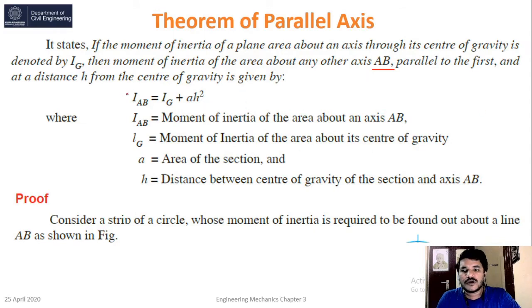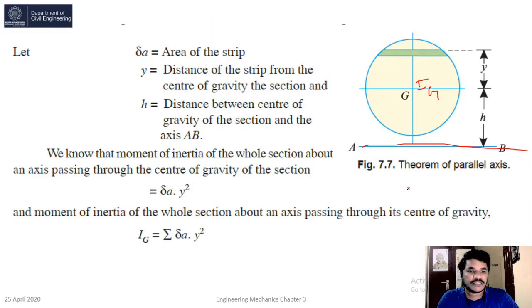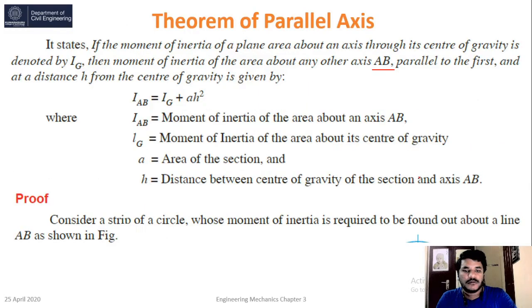Now IAB, that is the moment of inertia about the reference axis AB, is equal to the moment of inertia about the centroidal axis plus area into h square. So this is the general formula we need to prove for the theorem of parallel axis.